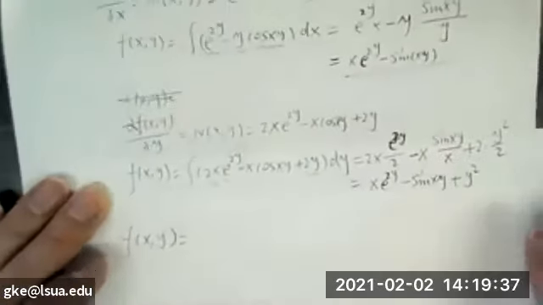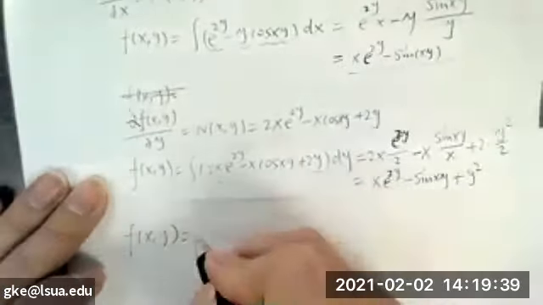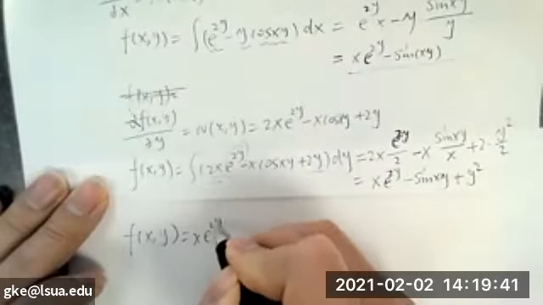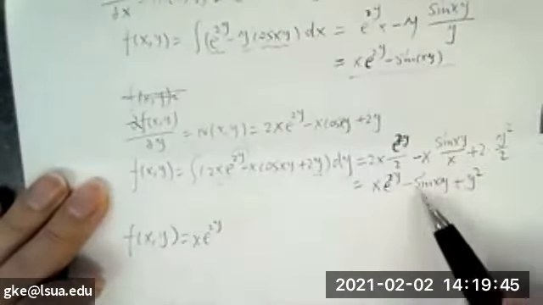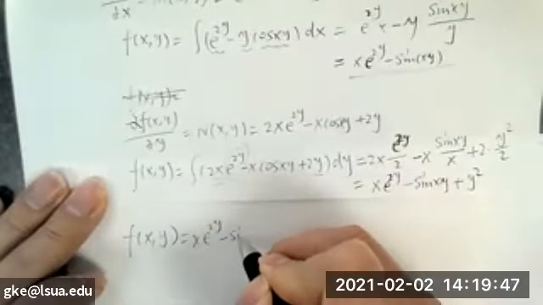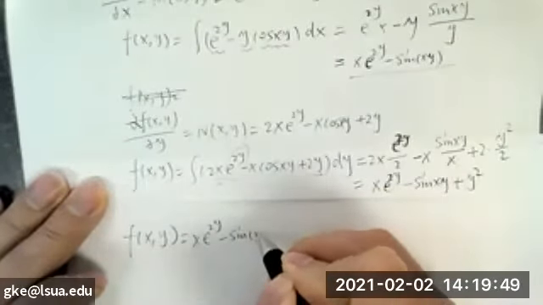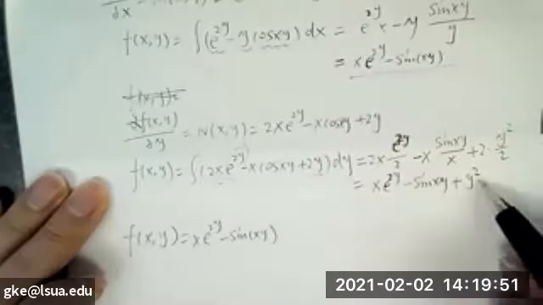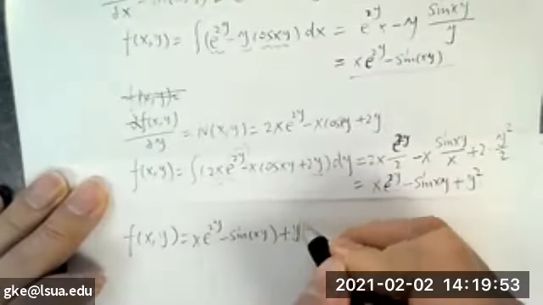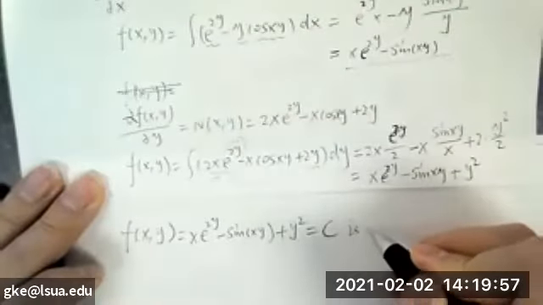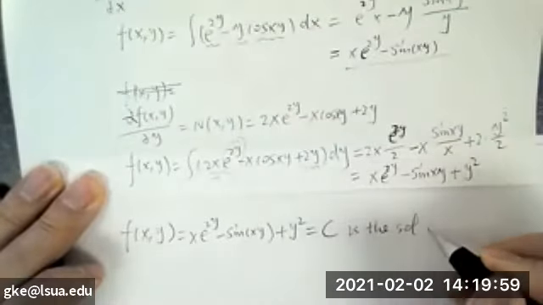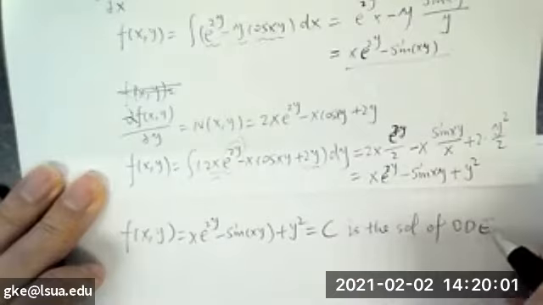So we have x e to the power 2y. We have both of them. We have both of the negative sine xy. We also have y squared equals c. And that guy is the solution of the ODE.